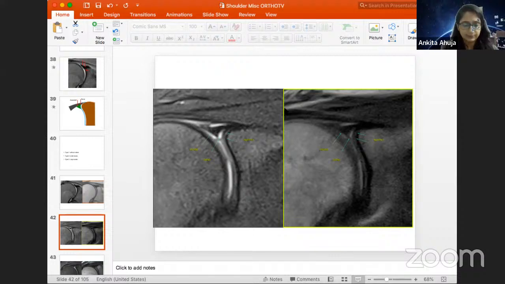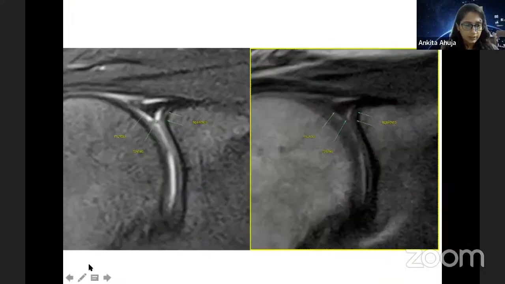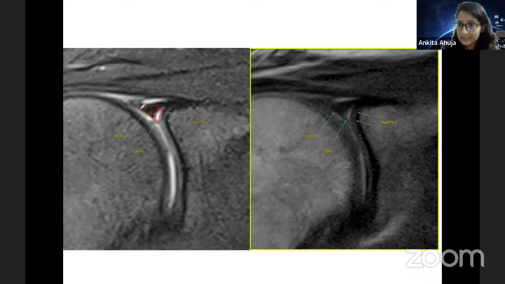Let's zoom it. Here, this is a clear fluid cleft which is deep to the labrum. The labrum triangle is seen very well. So this is something which is not involving the labrum at all. This is deep to the labrum. So this is sublabral recess.